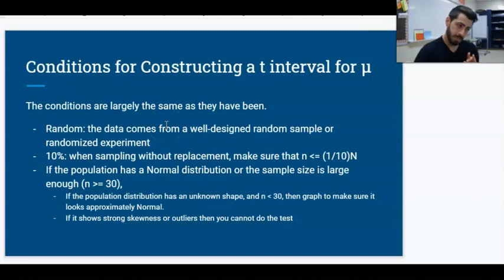If, big if, the population distribution has an unknown shape, and the sample size is less than 30, then you have to graph it to make sure it looks approximately normal. If it shows any skewness, then you can't do it. If it looks approximately normal, then you can go ahead and use a t-distribution even though your sample size is less than 30.